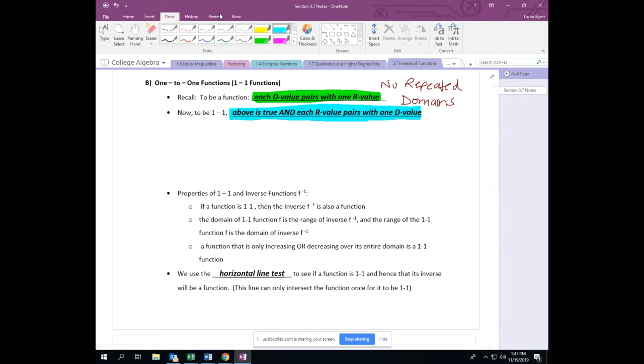In one-to-one functions, you also cannot have any repeated range values. So, no repeated domains or ranges for it to be one-to-one. Please note that if the original is not even a function at all, then there's no way that it could be one-to-one. Because in order for it to even possibly be one-to-one, it has to be a function.